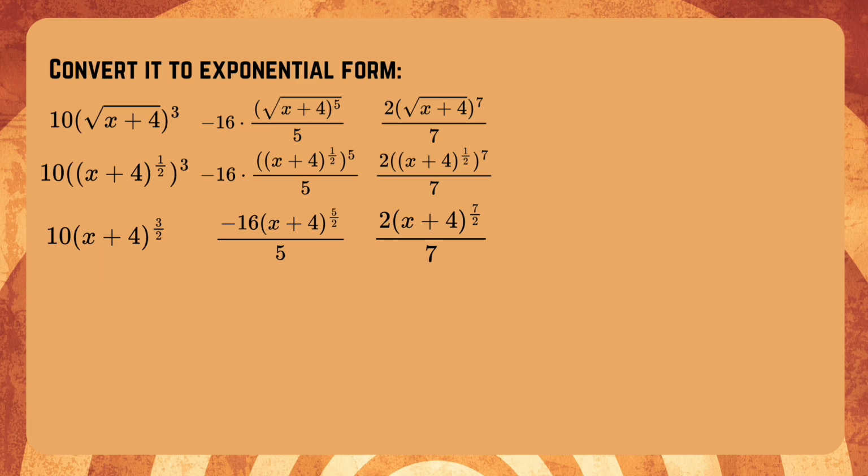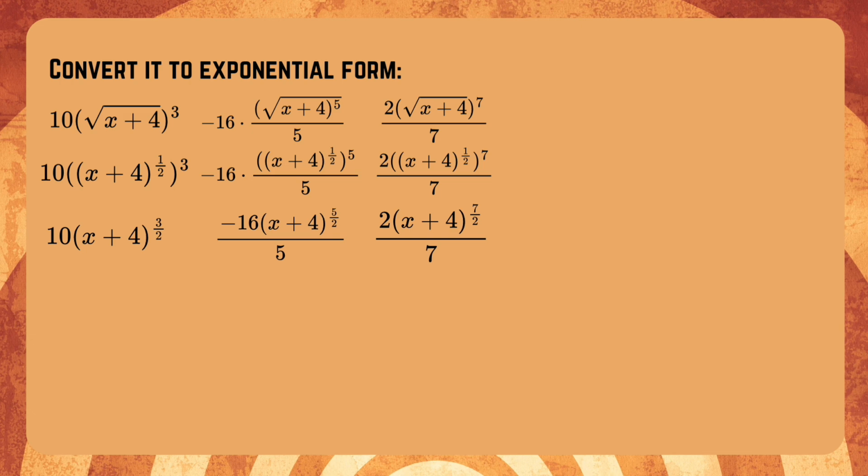That is not yet the final answer, because we still need to convert it to exponential form. So we put 1/2 beside x plus 4, then divide the numerator by the exponent of the function. The result is 10 times the quantity of x plus 4 raised to 3 over 2.